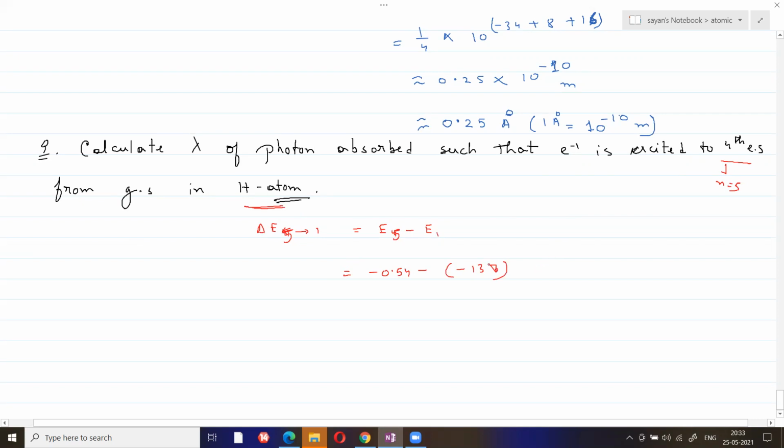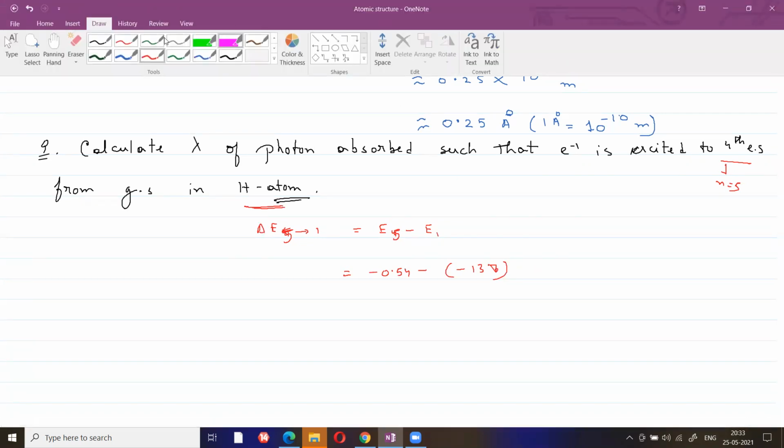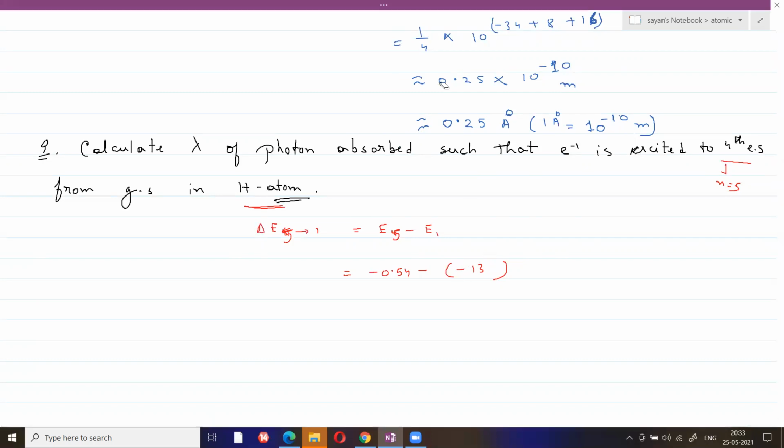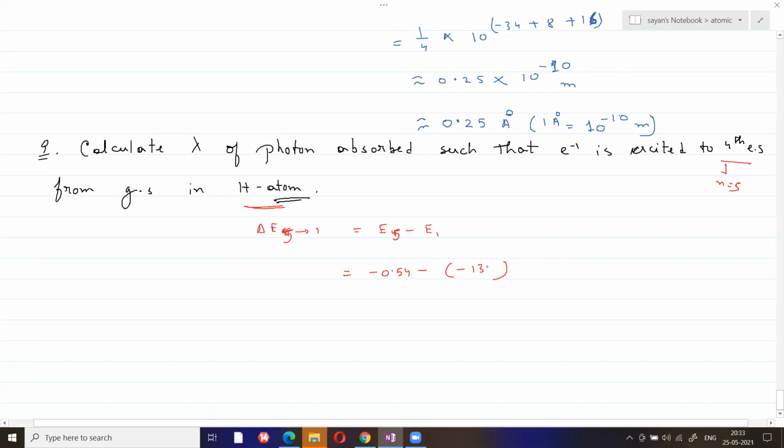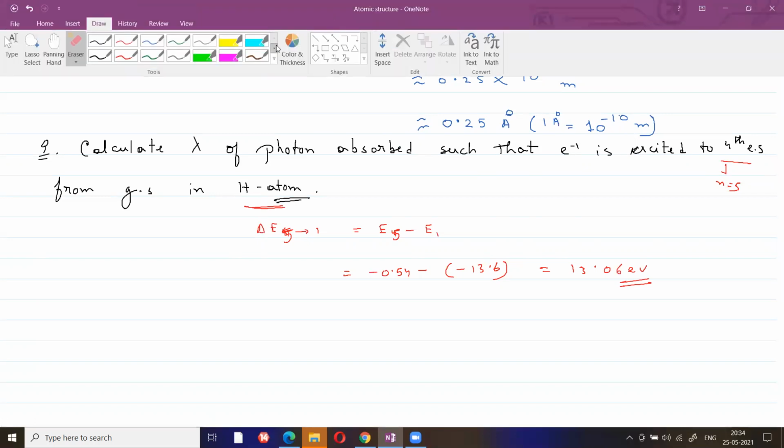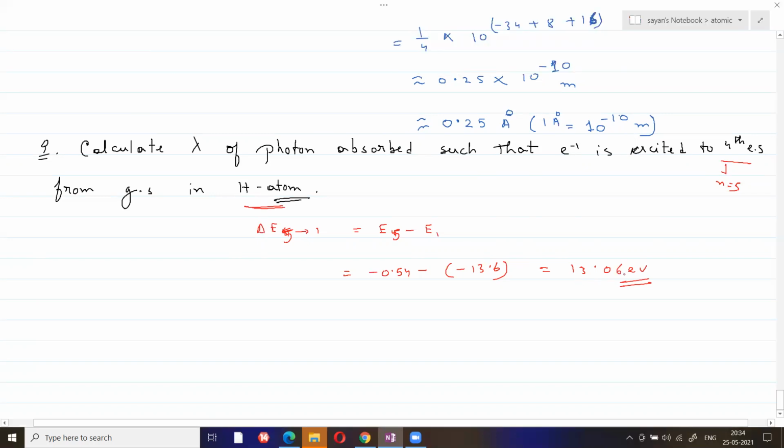After calculation, this value is basically 13.06 electron volt. Now in this case, it is a hydrogen atom, so no multiplication of Z square, because for hydrogen the Z value is 1. So the del E value is 13.06 electron volt.